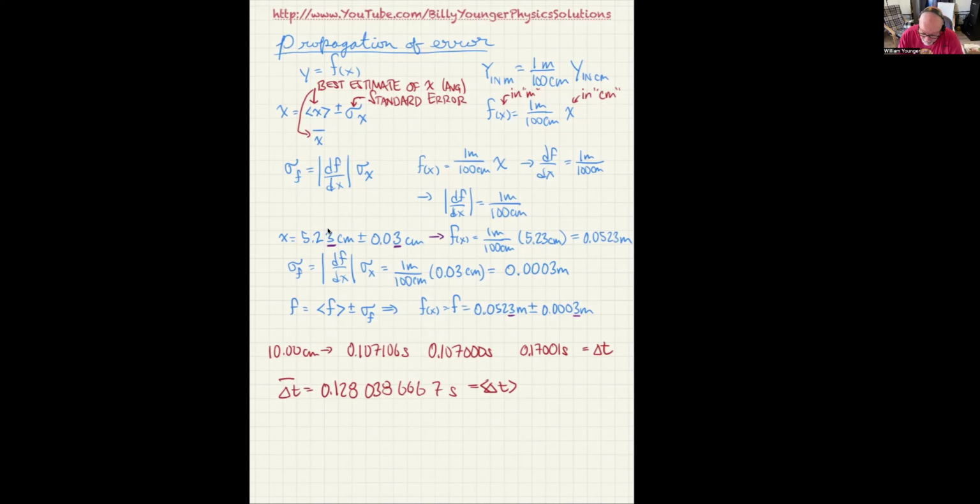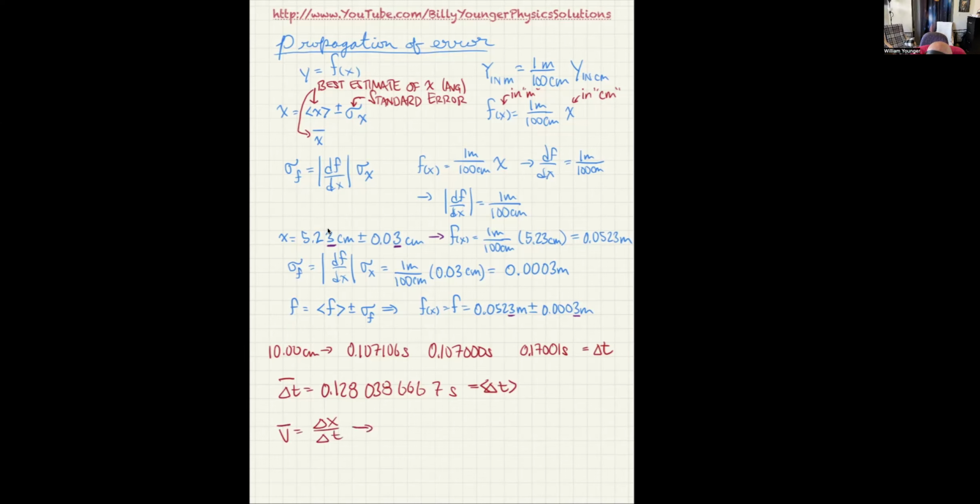So if we wanted to, for instance, figure out what the velocity was, we would know that velocity is equal to delta x over delta t, and that would be our average velocity.